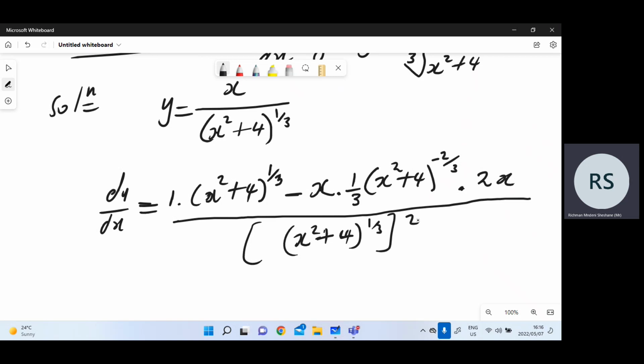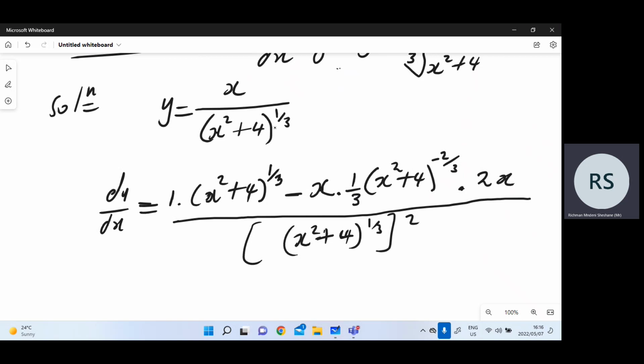Let me repeat this. We apply the quotient rule because we see a function over a function. So quotient rule: derivative of the numerator is 1 while we leave the denominator, minus, and leave the numerator and multiply by the derivative of the denominator. But when I was finding the derivative of the denominator, I see I'm deriving a function that is to the power of n.